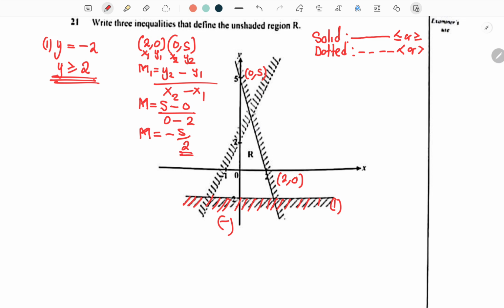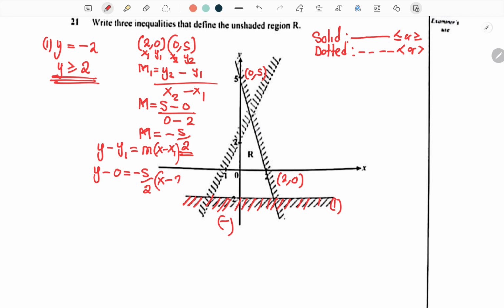So now let's find our equation. We know that our equation is going to be y minus y1 is equal to m, then x minus x1. So what was our y1? Our y1 was 0 is equal to, our gradient was -5 over 2, open bracket, then x minus, what is our x1?